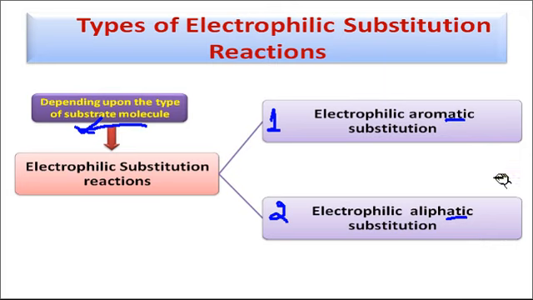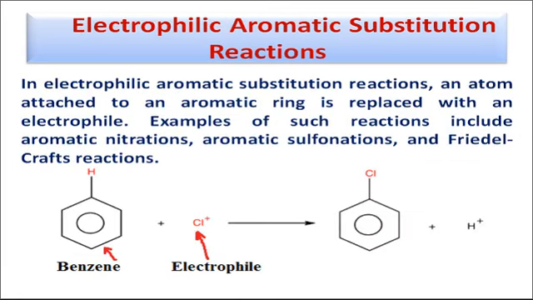If the substrate is aromatic, then the reaction is named electrophilic aromatic substitution. While if the substrate molecule is aliphatic in nature, then these reactions are named electrophilic aliphatic substitution reactions. In today's lecture, we will discuss both of these reactions in detail. So let us start with the electrophilic aromatic substitution reaction.